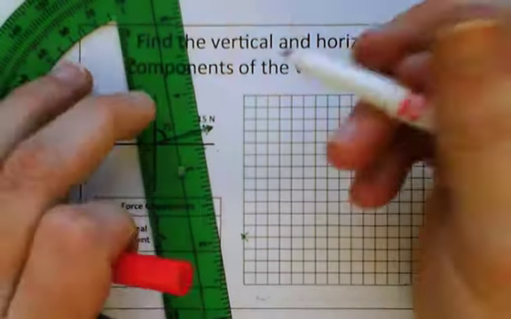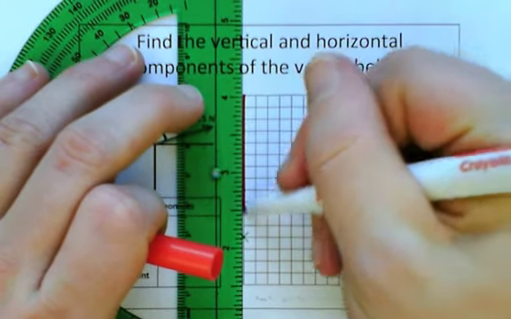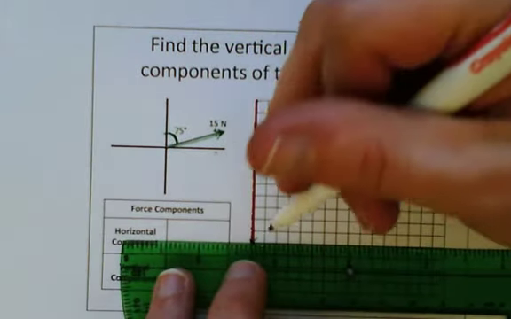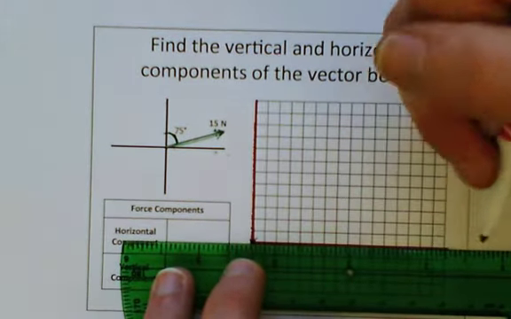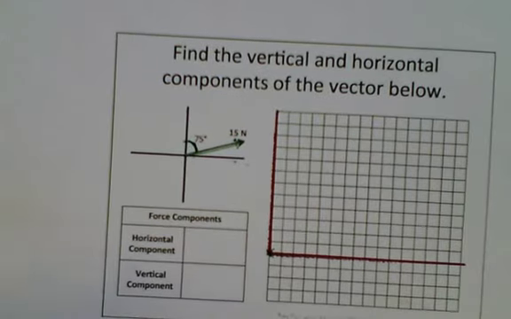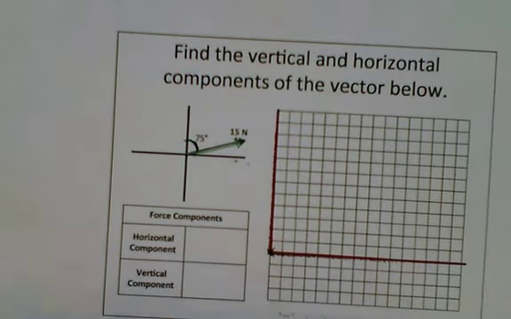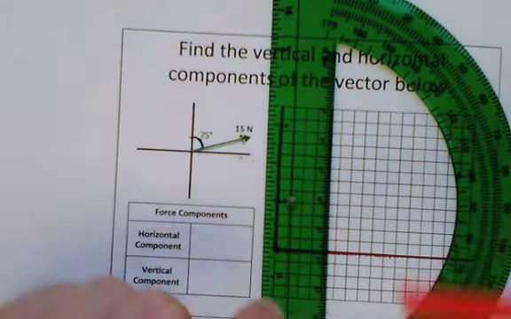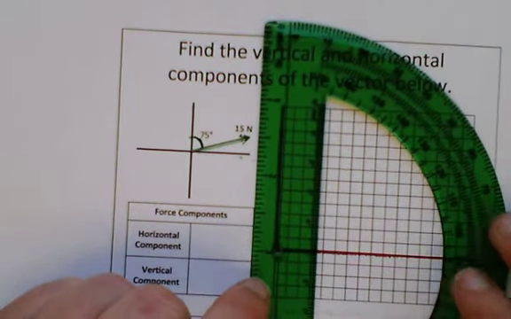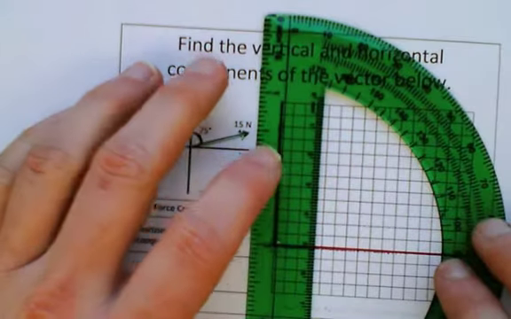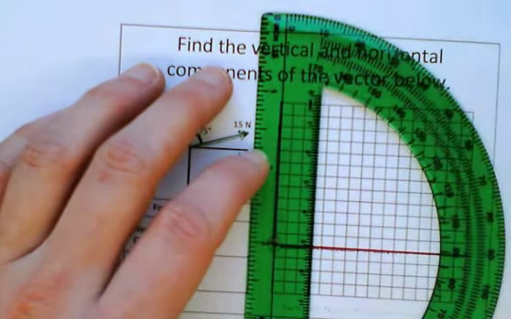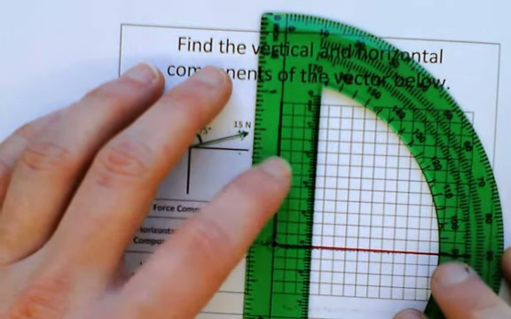draw my axes, find the 75 degrees. Now, in order to find a 75 degree angle from the vertical, I need to turn my protractor so that it's lined up with the vertical axis. I still put the circle right at the origin, and I swing it back and forth until this black line here is lined up with the vertical axis.